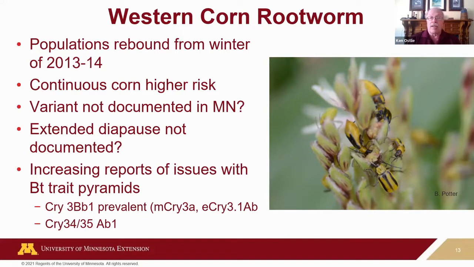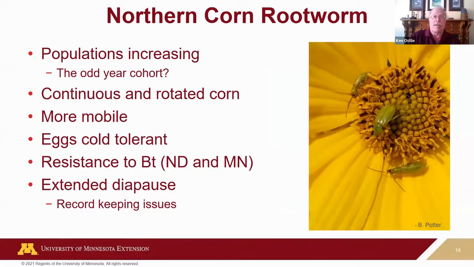And with northern corn rootworms, we see populations increasing lately. We'll see them widely throughout the landscape. Because of extended diapause, we'll also get them in rotated corn as well as continuous corn fields.